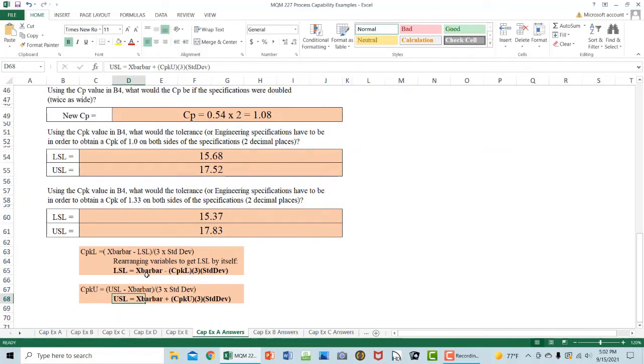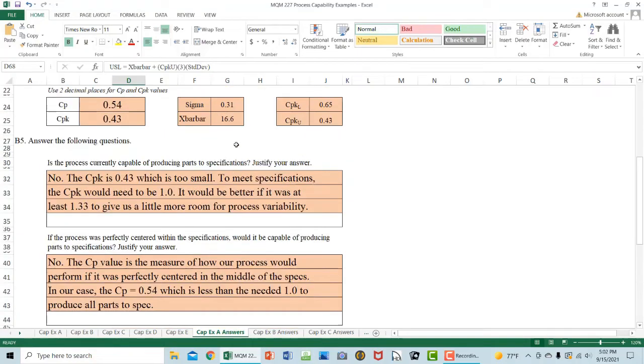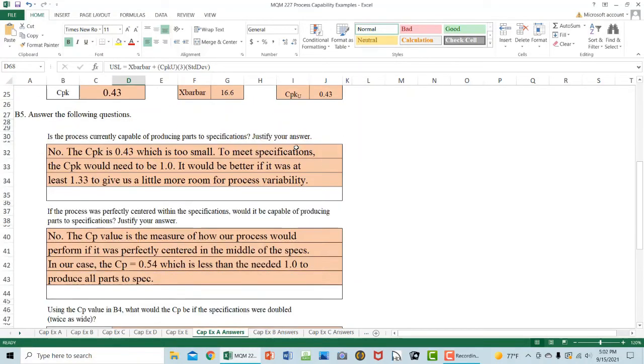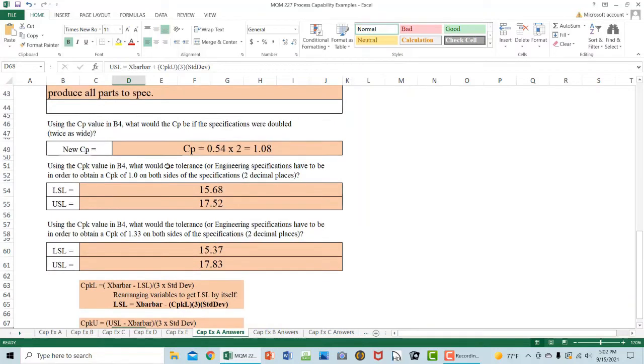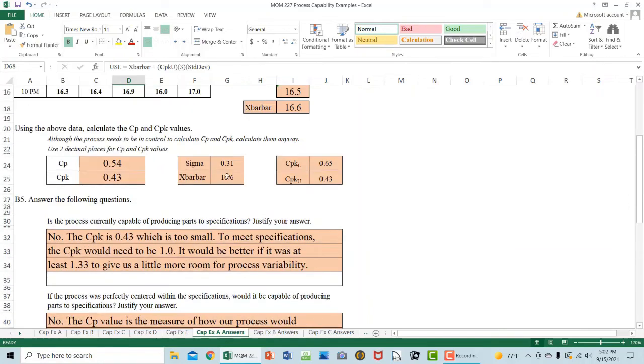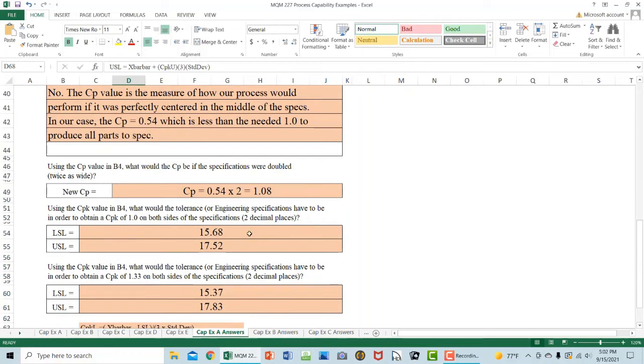So we're going to say X bar bar, which is 16.6, minus the desired CPK lower, and we want that to be 1. That's what we said right here. We want a CPK of 1 times 3 times the standard deviation, which is right there. You plug that formula in and you end up with the lower specification limit, which would be 15.68.